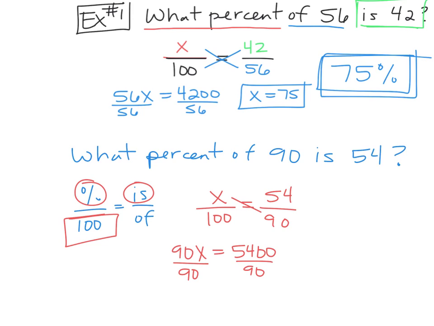So 5,400 divided by 90 is 60. What are we saying? 60 what? Percent. So make sure you label it. Okay. All right. That's one way you can set it up. Percent over 100 equals is over of.